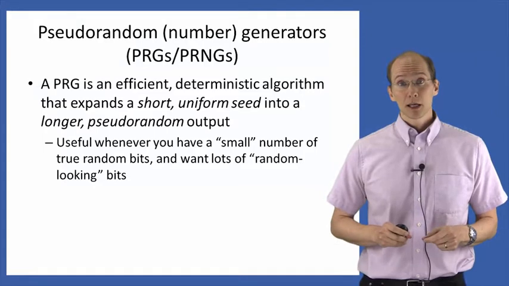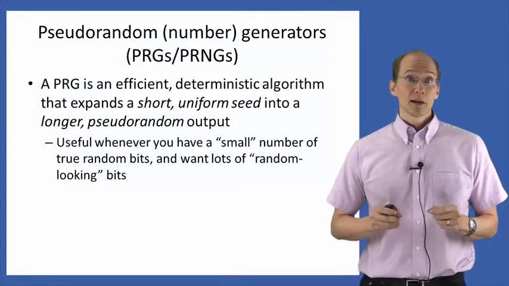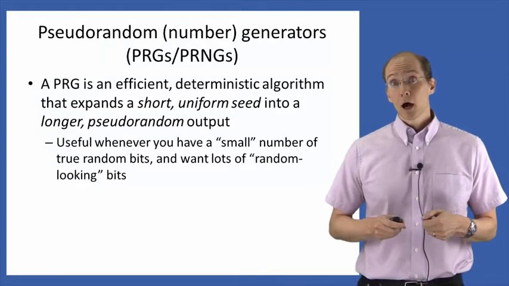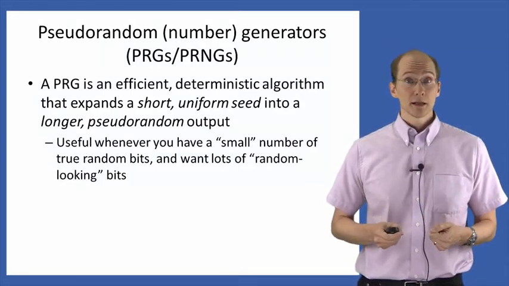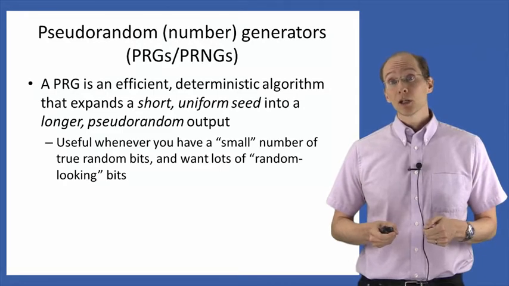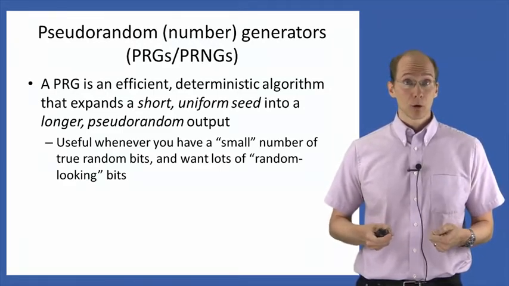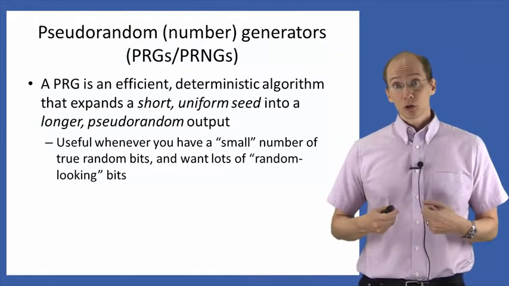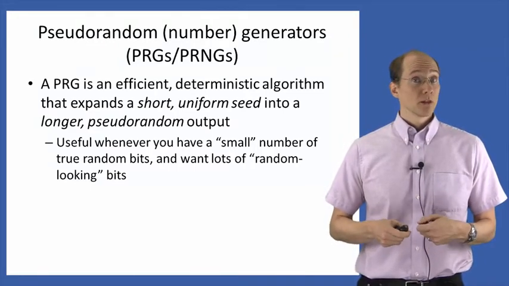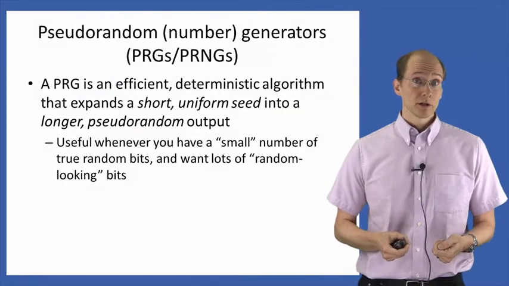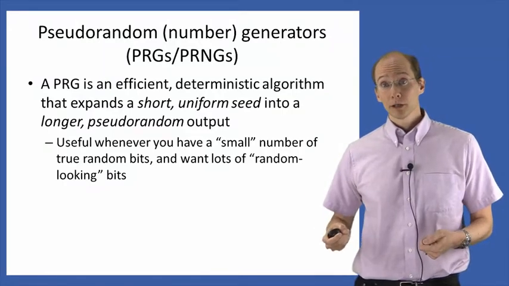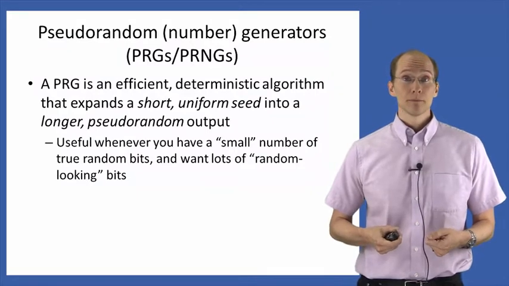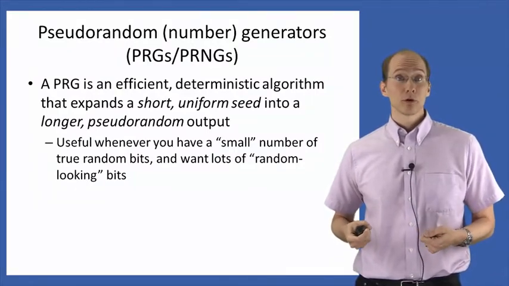So a PRG is an efficient deterministic algorithm that expands a short uniform seed, or input, into a longer pseudorandom output. We'll define this more formally in a moment, but intuitively this is just an algorithm that is given a short input, converts it into a longer output, and it has the property that if you sample its input uniformly, then its output will be pseudorandom.